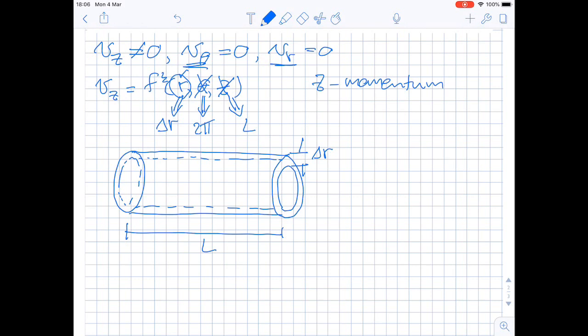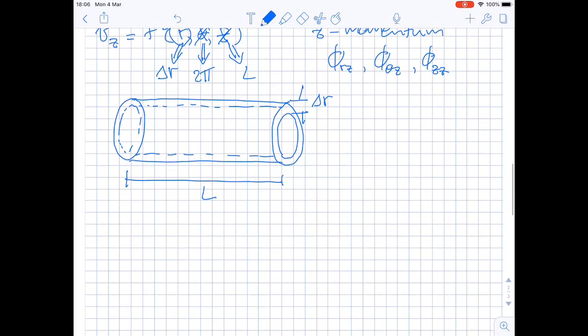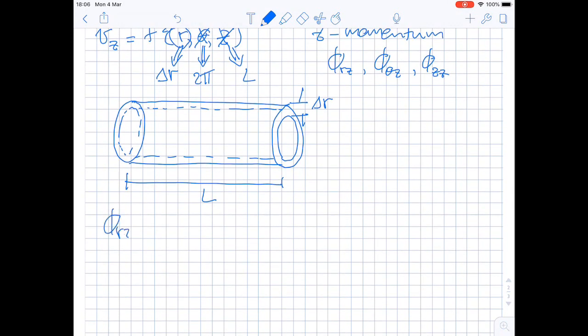So in this case, the fluxes that we should have are phi rz, phi theta z, and phi zz. Phi rz consists of the molecular transport component tau rz plus rho vr vz. Phi theta z is supposed to be similar, except the component would be in the theta and z directions. So rho v theta vz.